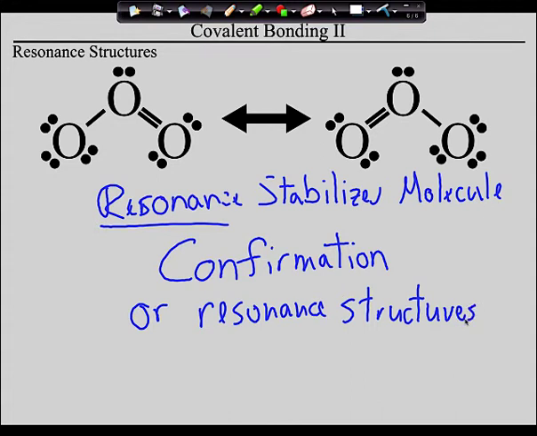So guys, the big idea then is this. Ozone is a resonance stabilized molecule. It is a resonance stabilized molecule because it contains delocalized pi bonding. As a resonance stabilized molecule, it has two conformations or two resonance structures. And guys, those are the terms that you can use as you talk about what's going on within ozone.